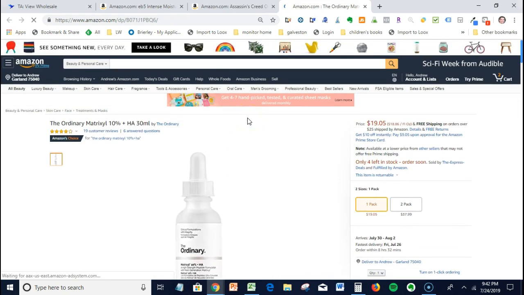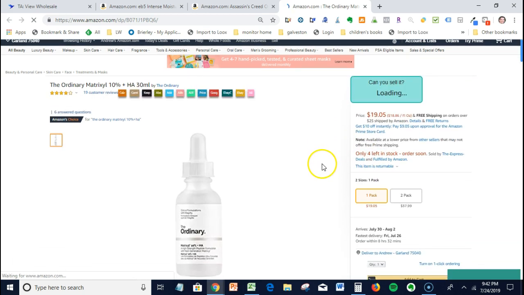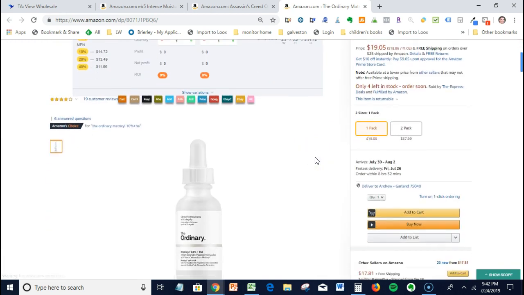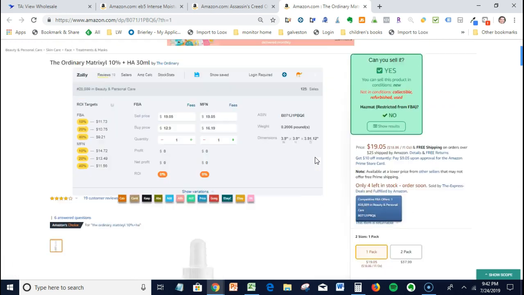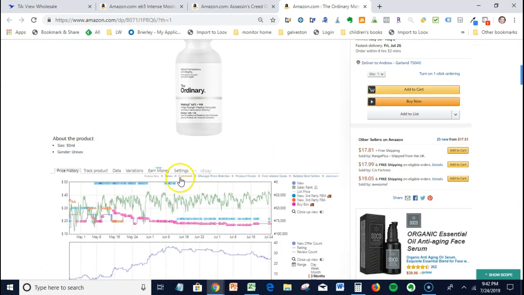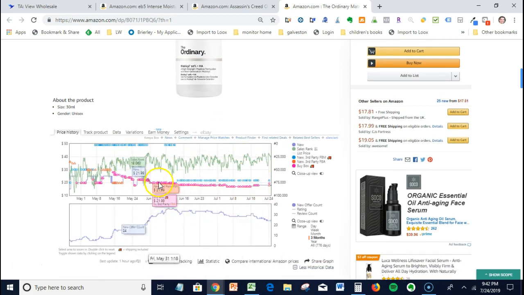Okay, so let's just see if I can sell it. This is a 1-pack, and there's a 2-pack too. We'll see if we can get it cheaper somewhere else. Okay, so there's another thing too, you can look at the Keepa chart just to see how stable it is.